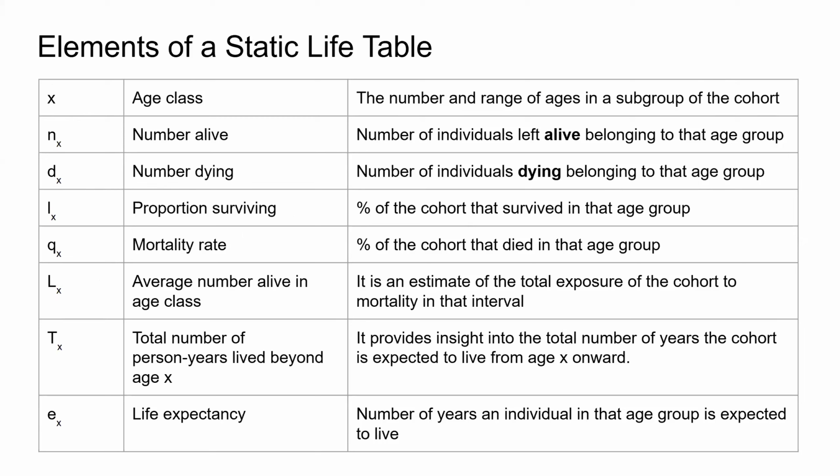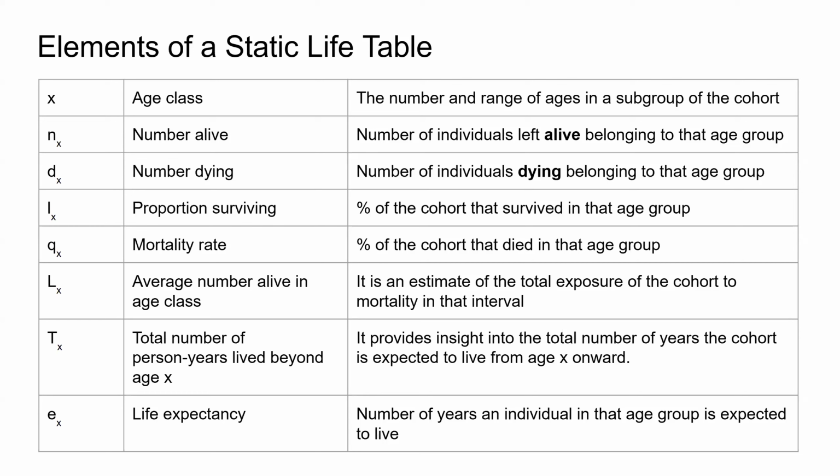Pwedeng 0 to 1, 1 to 2, pwedeng 0 to 4, 5 to 9. So yun yung age class. It's a range of ages that you clump together because of their physiological similarities. Dahil pare-pareho sila ng physiology at that point in their age, pwede natin silang pagsamasamahin at i-analyze together.